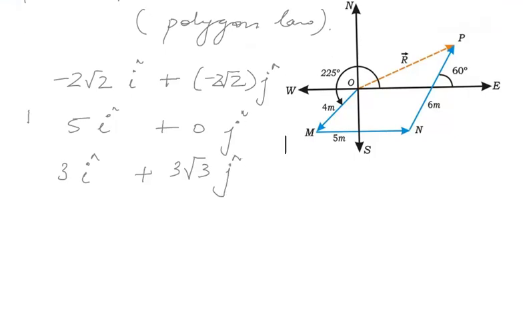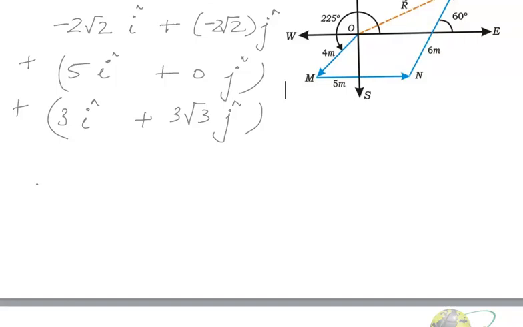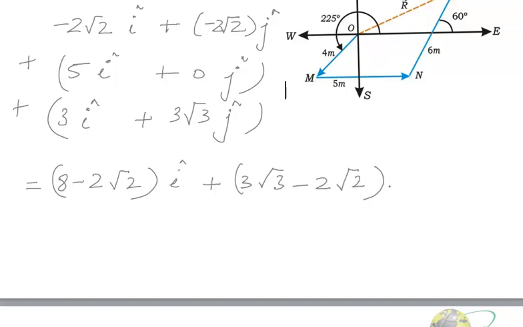So if we add the three vectors, what we are going to get is 8 minus 2 root 2 i cap plus 3 root 3 minus 2 root 2 j cap.